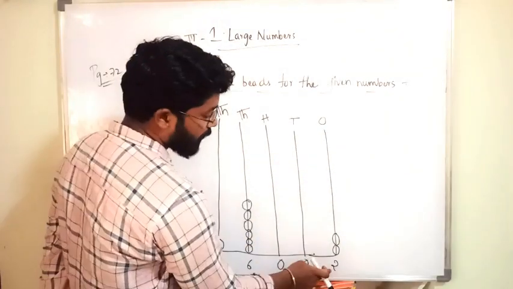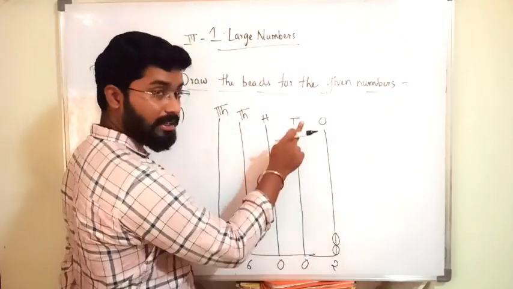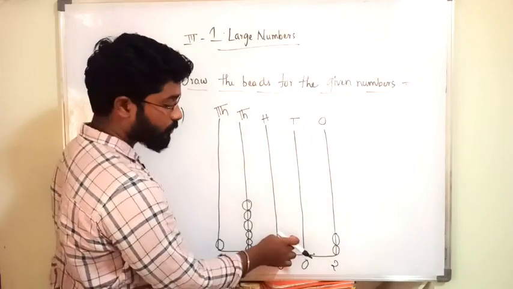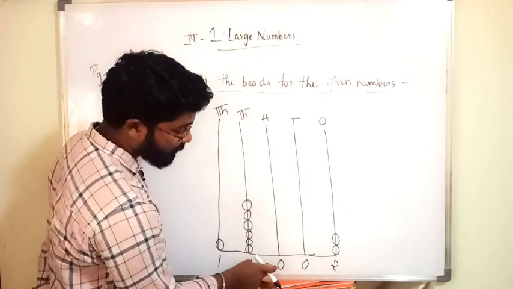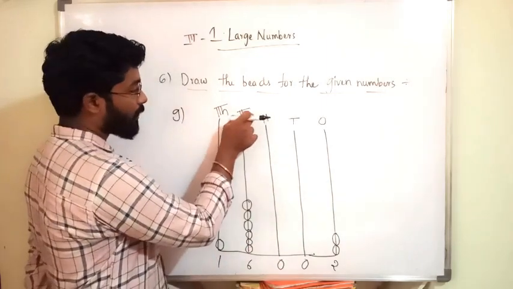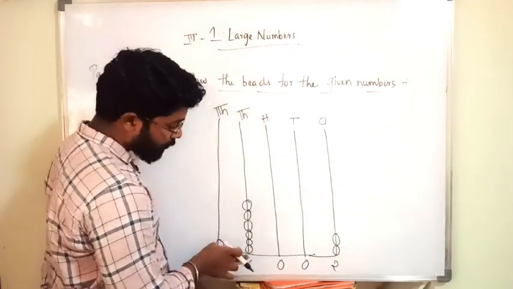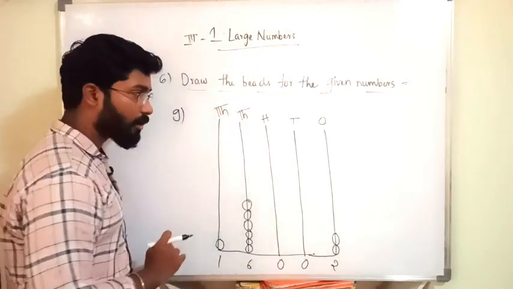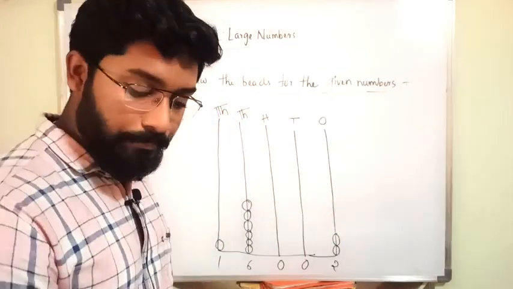So under 1's rod we have drawn 2 beads. In 10's rod 0, you should not draw anything. 100's rod 0, you should not draw anything. Under 1000's rod, 6, so you have to draw 6 beads. Under 10,000's rod you are having one, so you have to draw only one bead. Okay, clear?